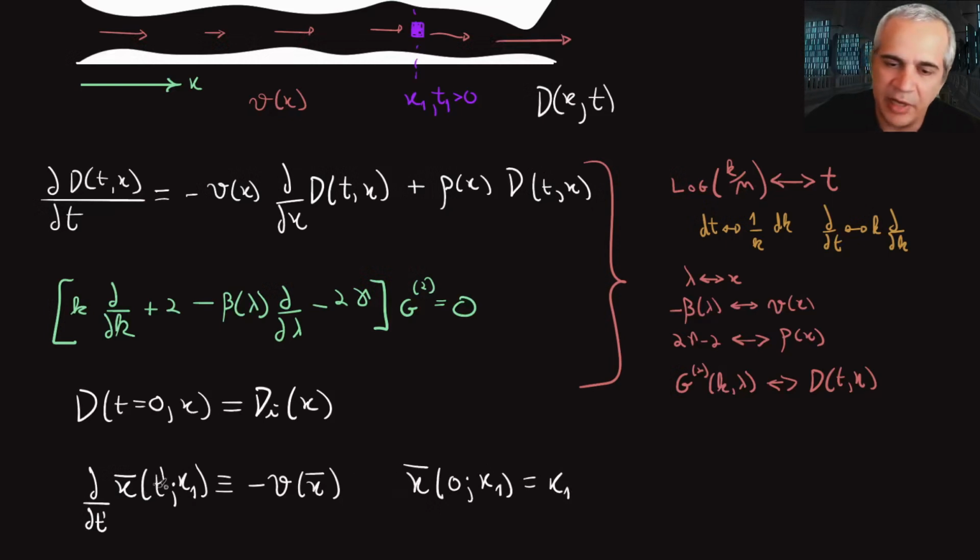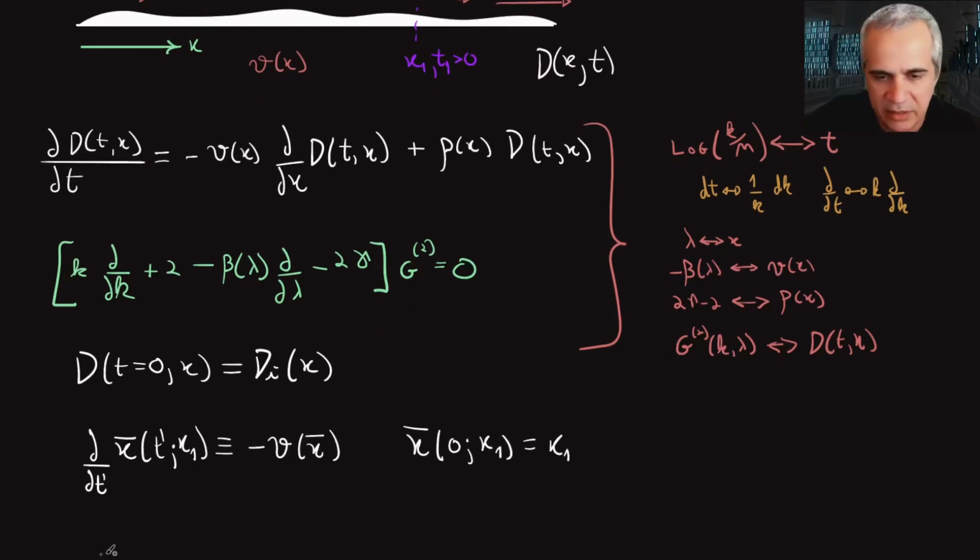And as I increase t prime, I'm looking more and more towards the past, right? Until I get to x bar t1 x1, right? So I took the same amount of time to go back to my initial conditions, right?